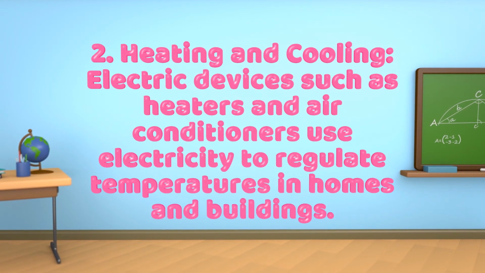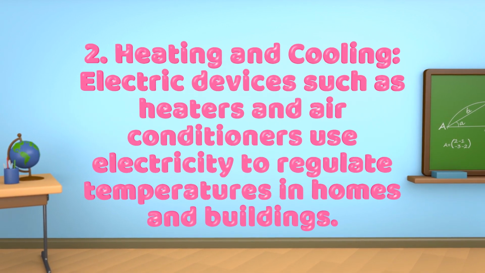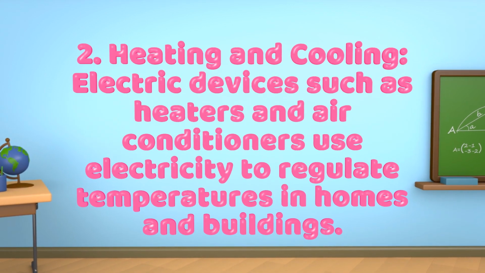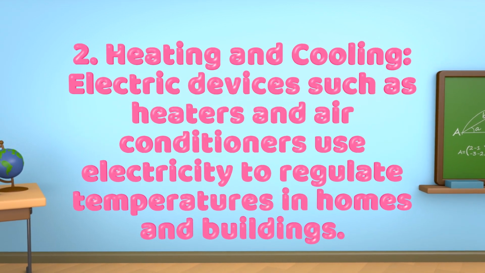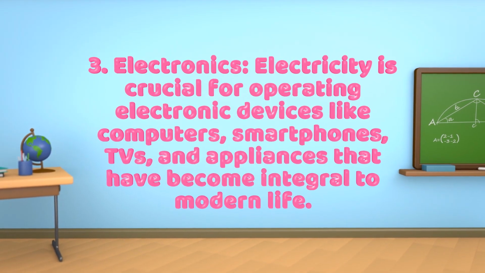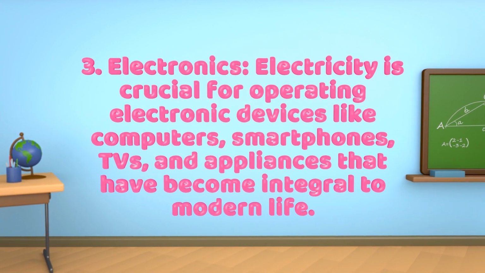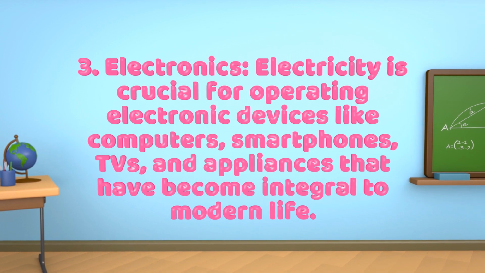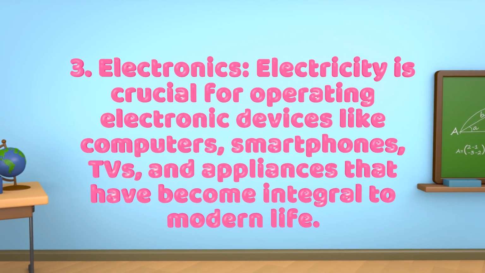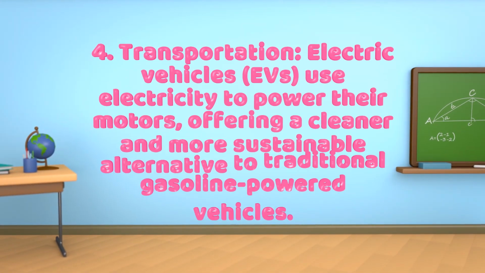Electric devices such as heaters and air conditioners use electricity to regulate temperatures in homes and in buildings. Thirdly, it is electronics. Electricity is crucial for operating electronic devices like computers, smartphones, televisions, and appliances that are integral to modern life. Fourthly, it is transportation.